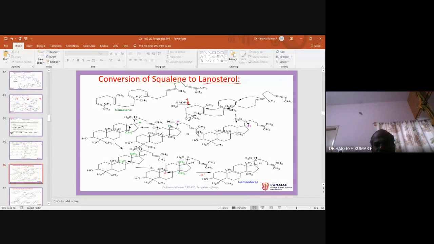Okay, this is the one. You know that this is squalene, and how this squalene is converted into lanosterol.